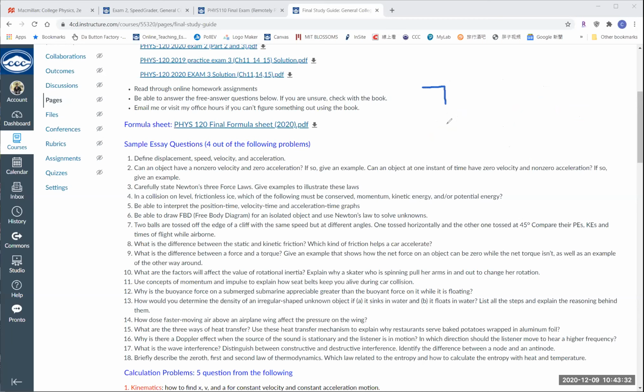So here is a cliff. This is the ground. You toss two balls, one goes horizontally, and there's another one that goes at a certain angle. This one is this one here. So two cases.